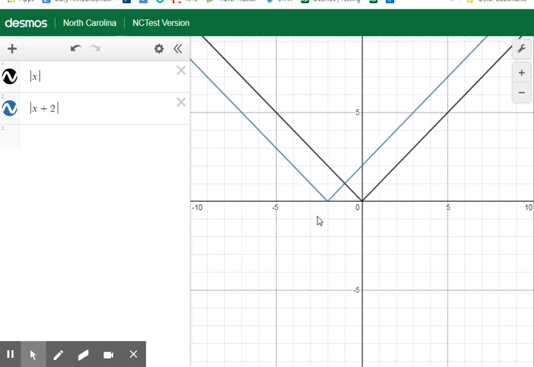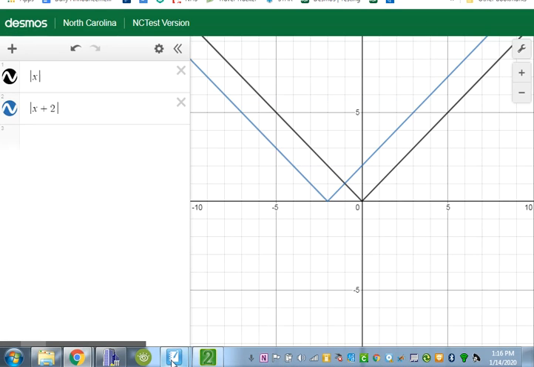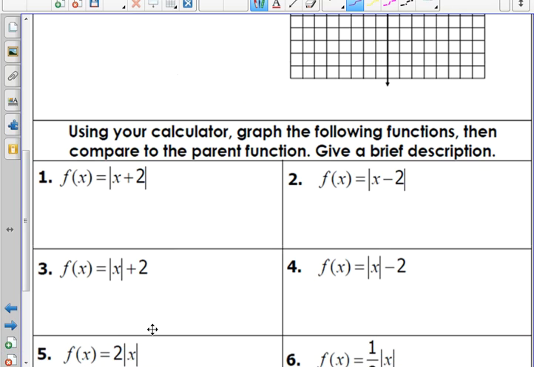It shifted over. Which way? Left, in the negative direction. How many units? 2. Do you think that has something to do with what's going on inside of our equation? So we're just going to write in that box that we went left 2 units.